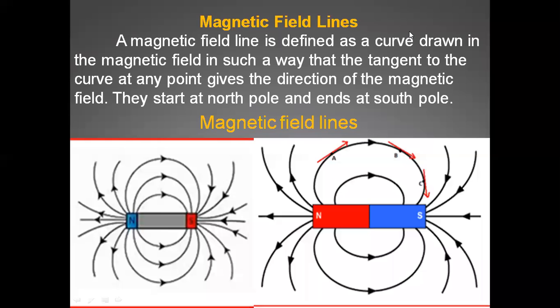The magnetic field at any point, A, B, C or any point, is tangential to the magnetic field lines.